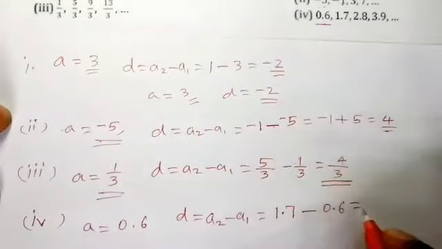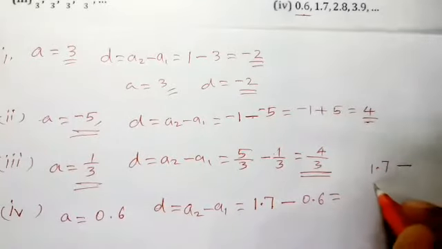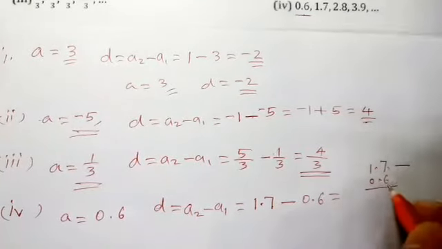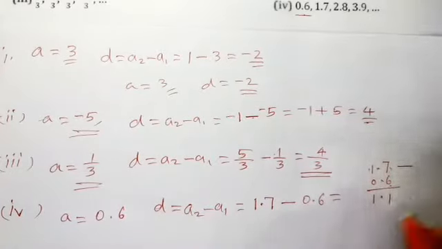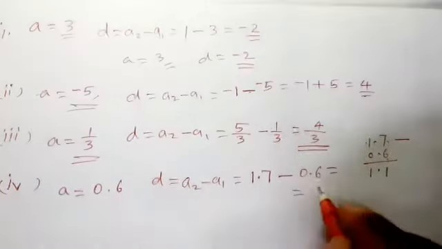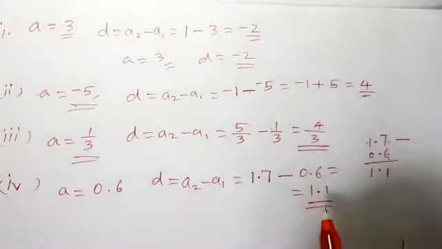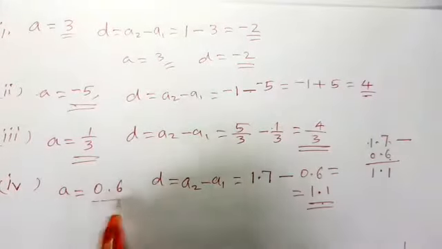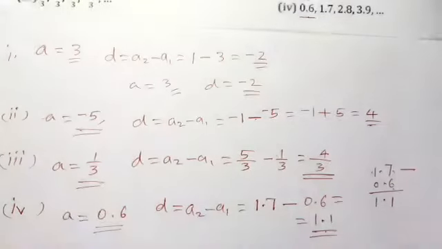We know the subtraction very clearly. 1.7 minus 0.6. 7 minus 6 is equal to 1. 1 minus 0 is equal to 1. The decimal point is there, so the answer is 1.1. So this is the common difference, and this is the first term. So we get the solution. I think you understood.